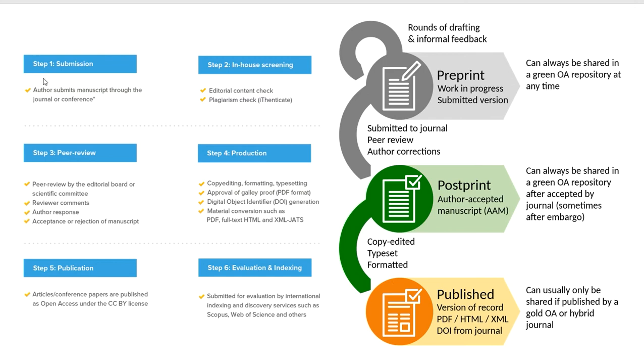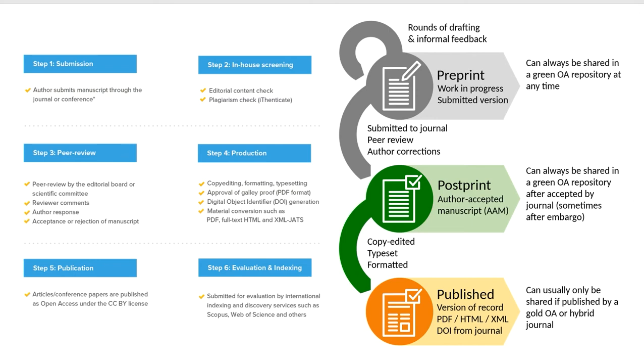Then comes submission. The author submits their article or manuscript through the journal or conference platform. Then there is an editorial content check: whether it is a published article or not, whether it is formatted or not, whether it is template based or not. Then a plagiarism check, such as Turnitin or Grammarly. Later it goes through peer review.